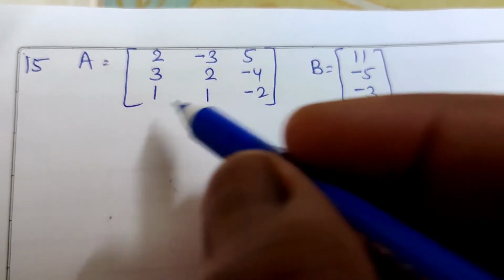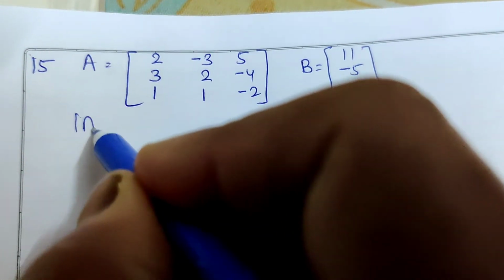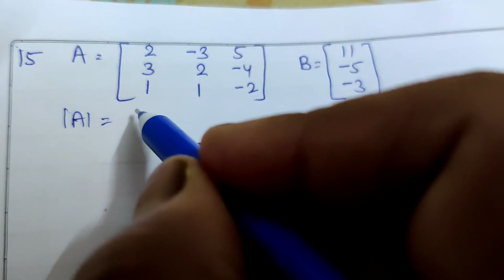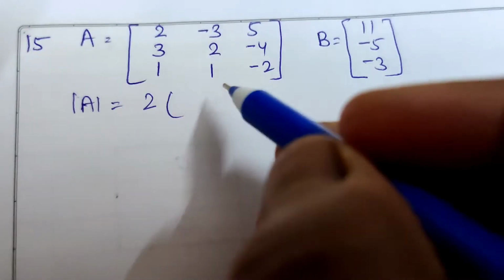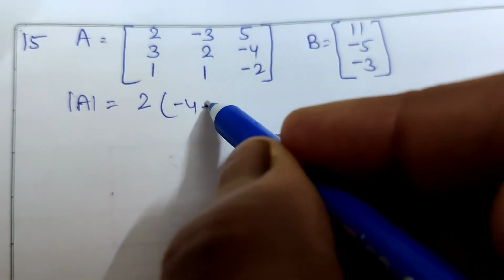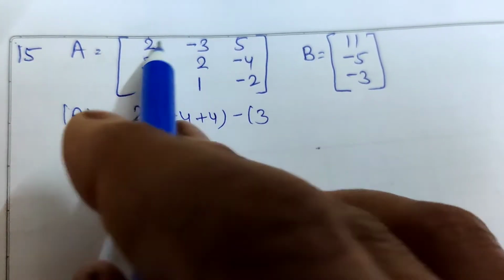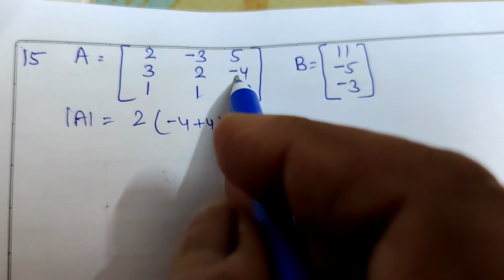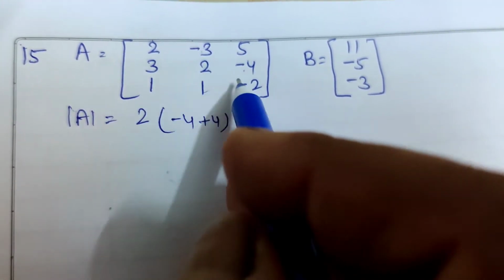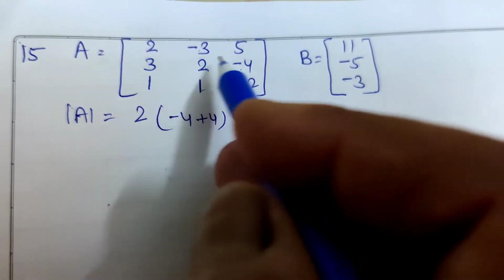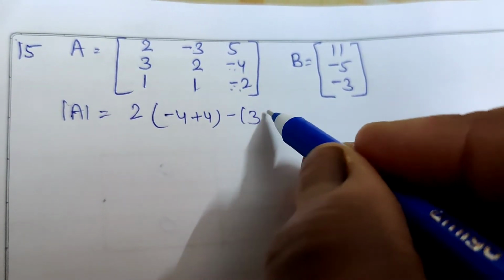Question number 15. Now find the determinant of A. It is 2 into minus 4 plus 4, 0. Minus 3 into 2 minus 4 plus 4, 0. Now minus 3 into minus 2, minus 6 plus 4, it is minus 2.